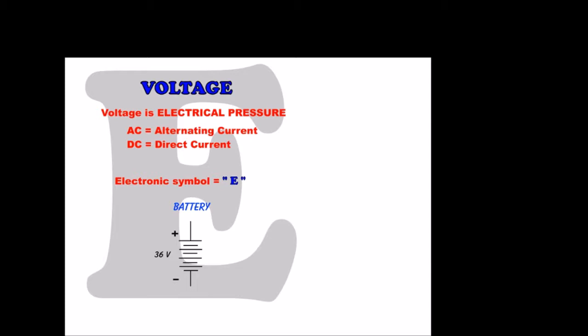But most of what we're going to do in this class is talk about DC, or direct current, which is supplied by a battery. And that's, of course, what we use in our electric forklifts. Now, the electronic symbol for voltage is E, for electromotive force. And this is our typical battery symbol, of course. Anytime you look at a forklift schematic, or any type of schematic that's using a battery, it'll show this type of symbol.